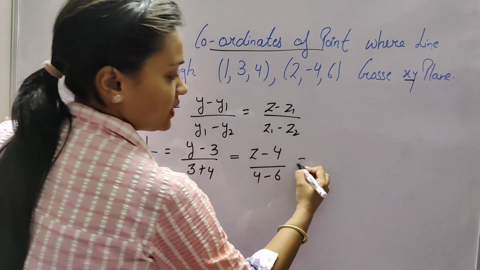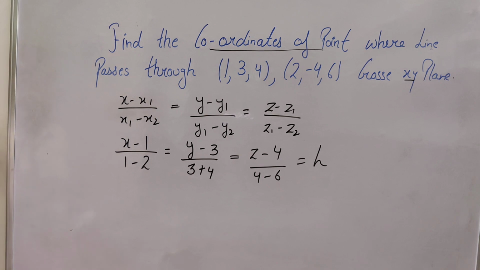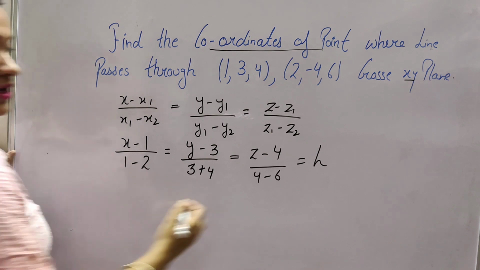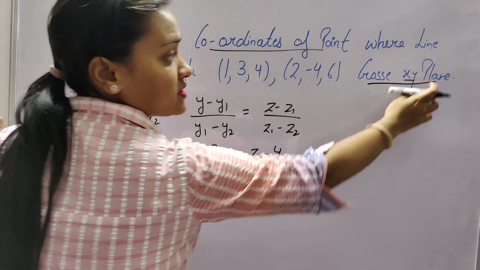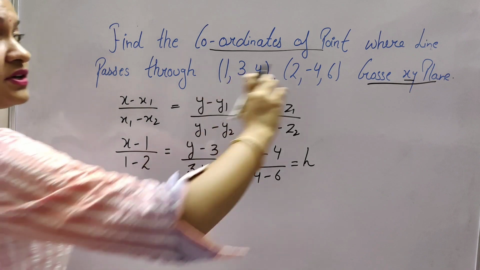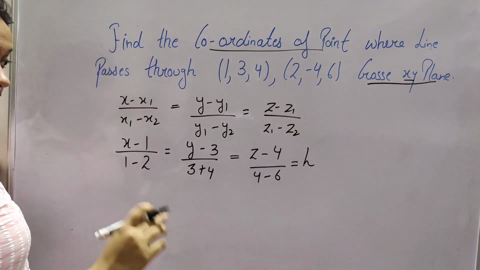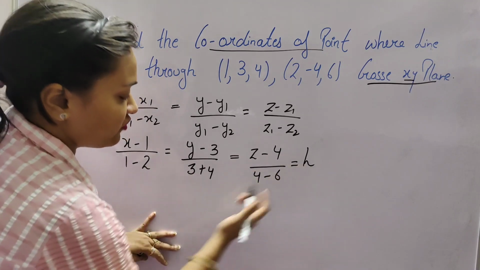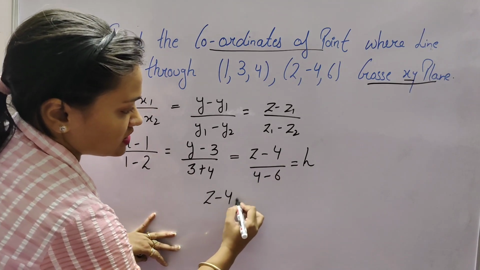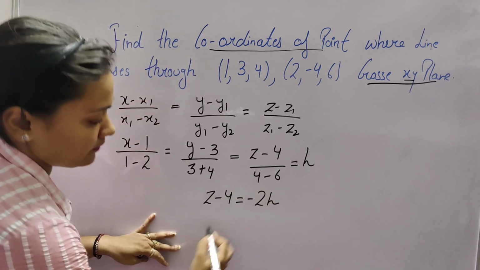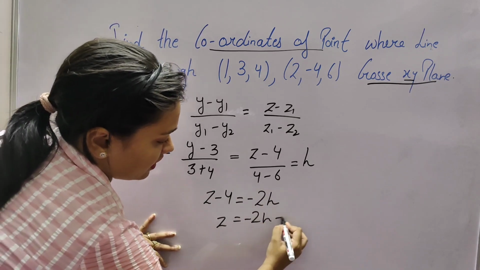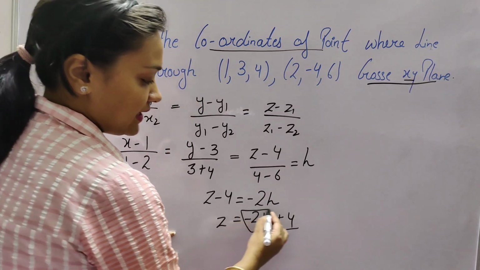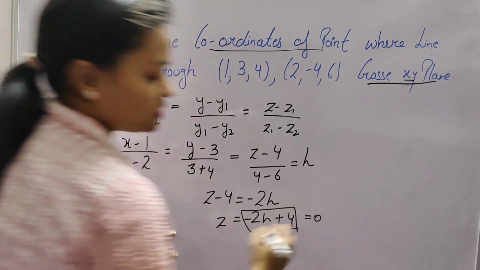Let's suppose all this equals alpha. Now if it crosses the xy plane, we first solve this value. x minus 4 equals minus 2 alpha, so z equals minus 2 alpha plus 4.